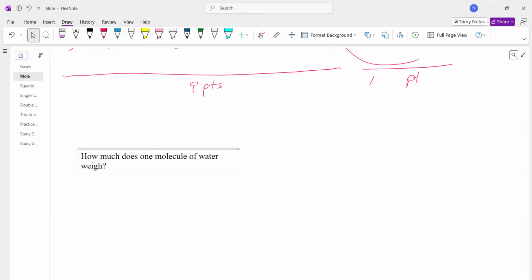Okay. How much does 1 molecule of water weigh? Not a lot. Okay, so what's given? 1 molecule.